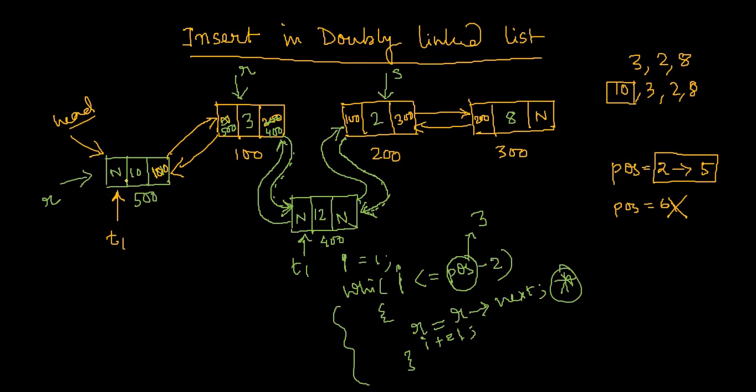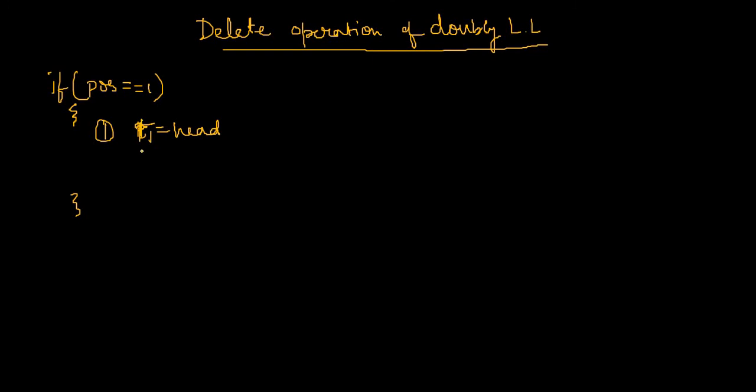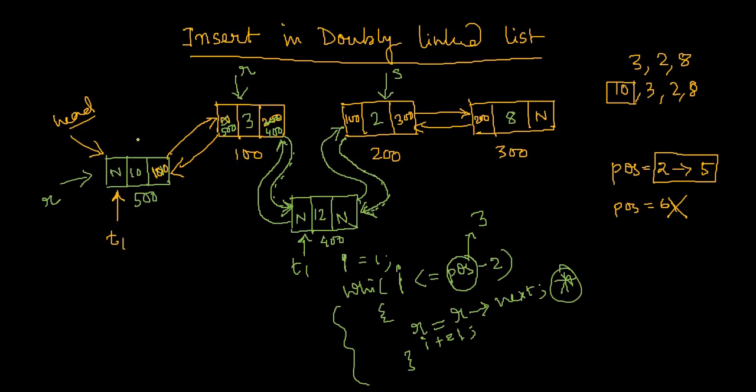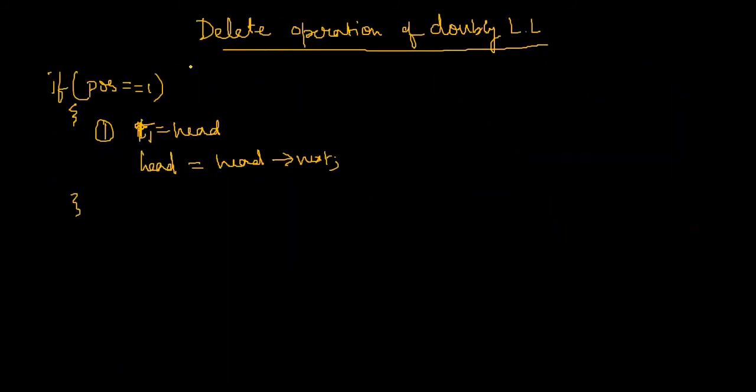That's why I have kept t1. Fine. And then I can write head equal to head next. So then what will happen now? This head will no more point here. Now head will point to this node after executing this particular line.